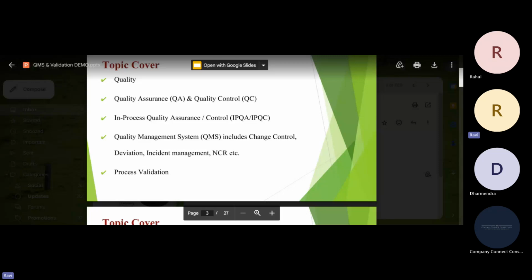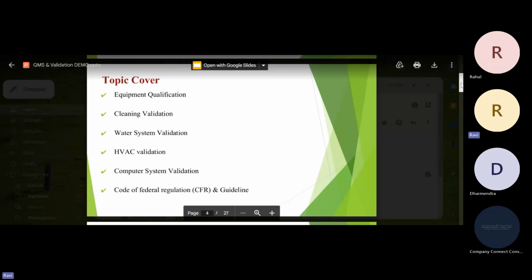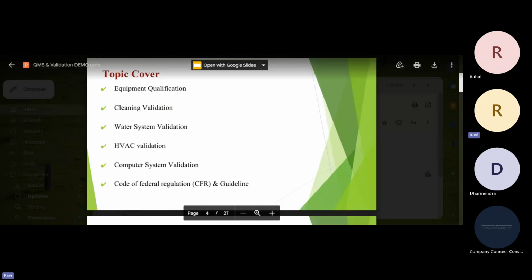Majorly, in pharmaceutical validation and equipment qualification, we have to cover process validation, cleaning validation, equipment qualification, water system validation, HVAC validation. HVAC is heating, ventilation, and air conditioning, which is the main equipment or utility required to maintain the temperature, relative humidity, and differential pressure in the manufacturing areas.